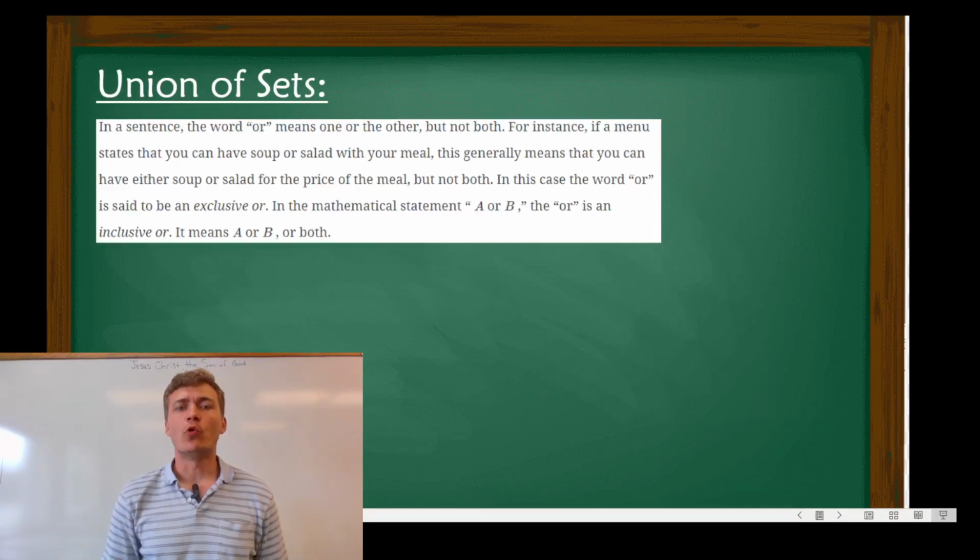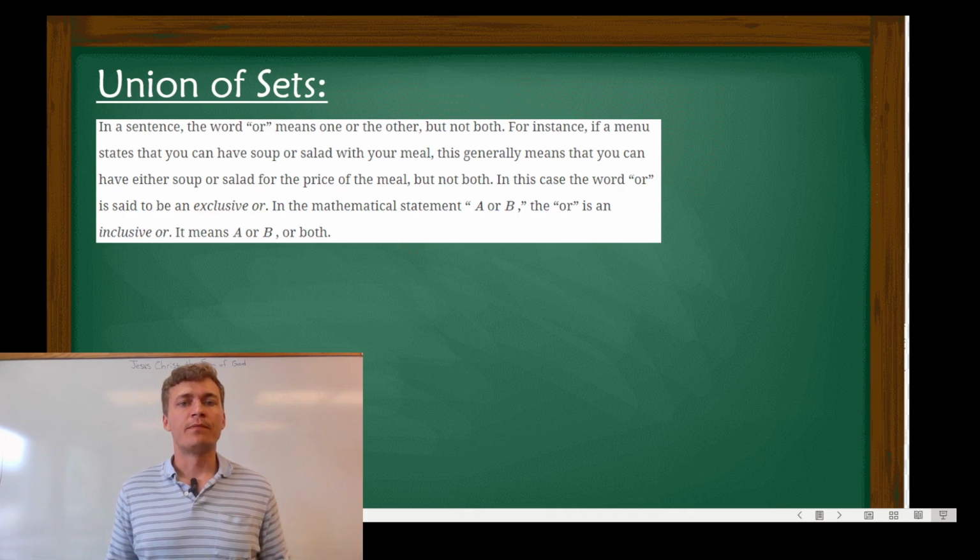In a sentence, the word or means one or the other, but not both. For instance, if a menu states that you can have soup or salad with your meal, this generally means that you can have either soup or salad for the price of the meal, but not both. In this case, the word or is said to be an exclusive or.